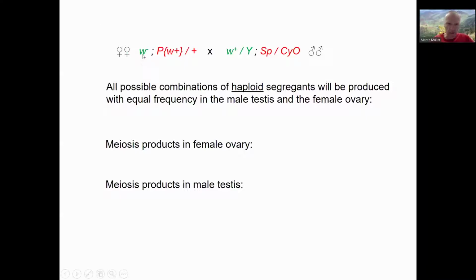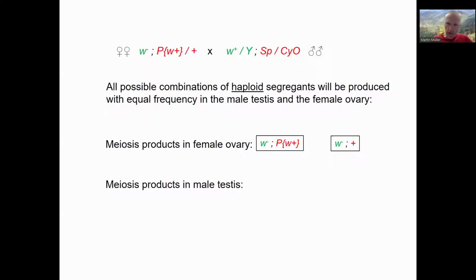I'm sure most of you can easily tell that the female can only produce two types of gametes, namely, either they carry the transgene or they do not carry the transgene. So this is a simple situation.